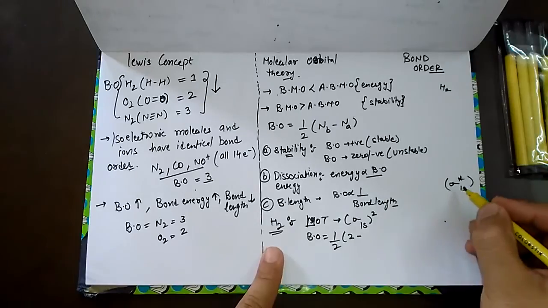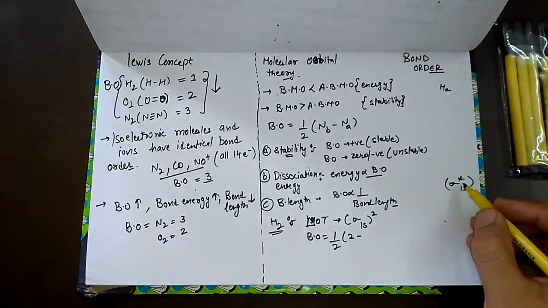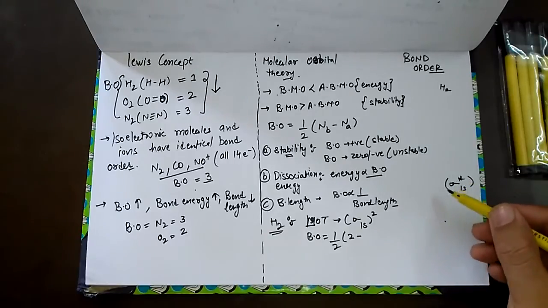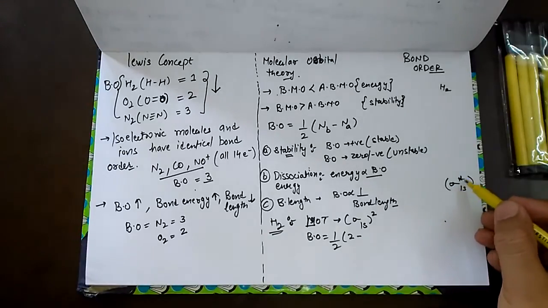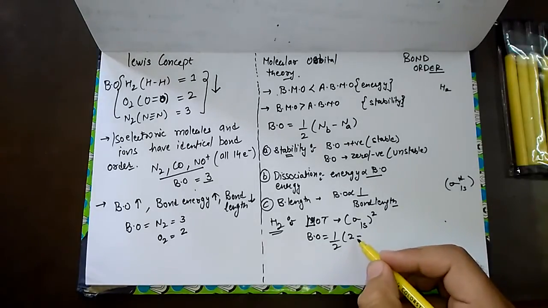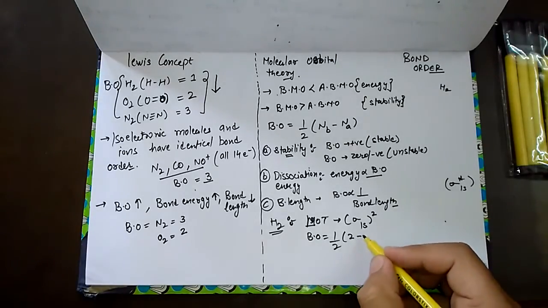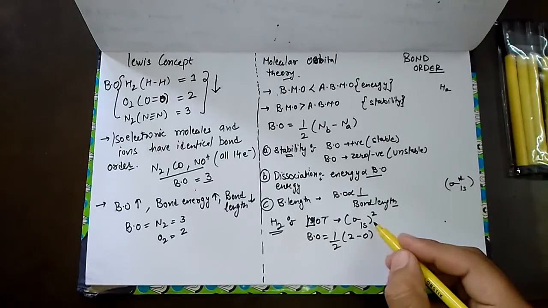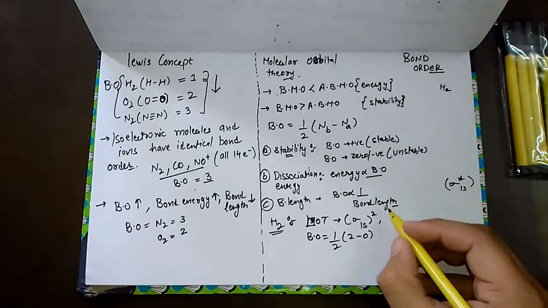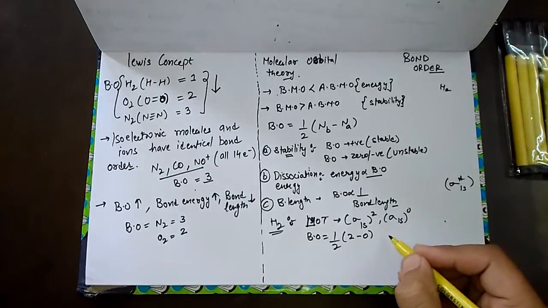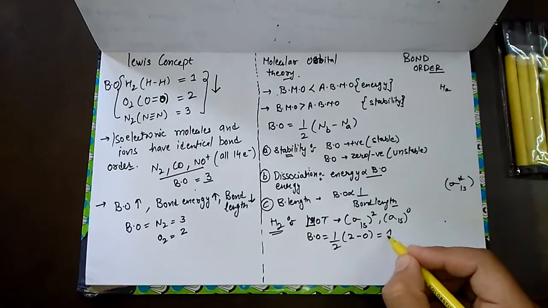If electrons are allocated to the anti-bonding side, we subtract them from the bonding side. The number of anti-bonding electrons is 0 here, so the bond order becomes 1.